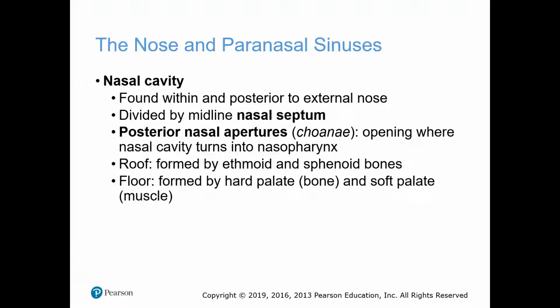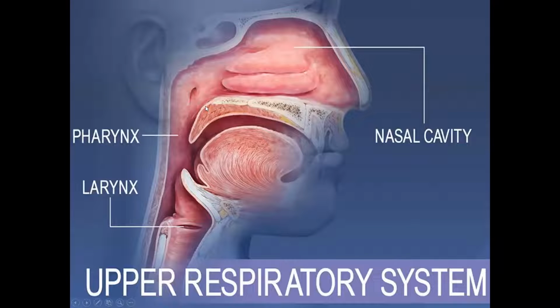The nasal cavity has a septum down the middle. There is an opening where we turn from the cavity to the nasopharynx. That opening, let me go back. The nasal cavity becomes the nasopharynx back here. Again, that's where the opening to the Eustachian tube is.